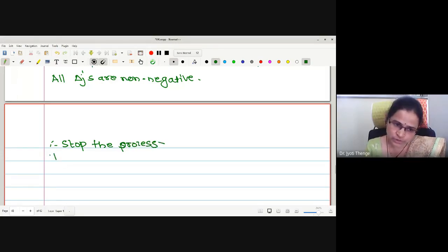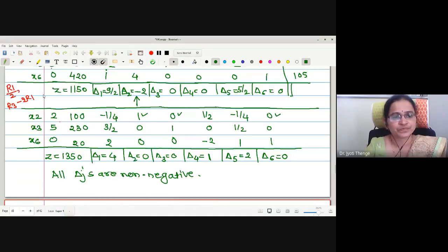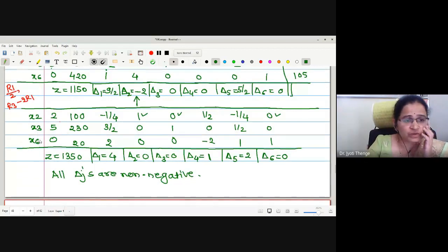And we will write the final optimal solution. Thus, the optimal solution is... what do you think? What will be the value of the original variable x1? As x1 is not present in the basic, it is a non-basic variable. What is the value of x1? 0.